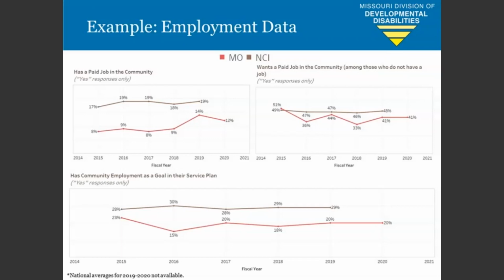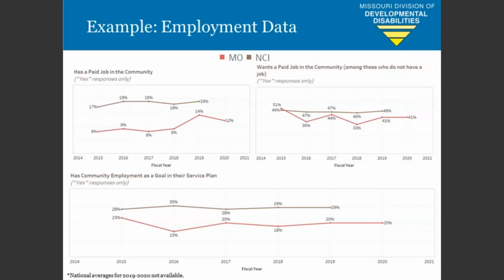But anyway, if you move on to the second box, this is the percentage of individuals who don't have a paid job in the community that say that they would like to have one.